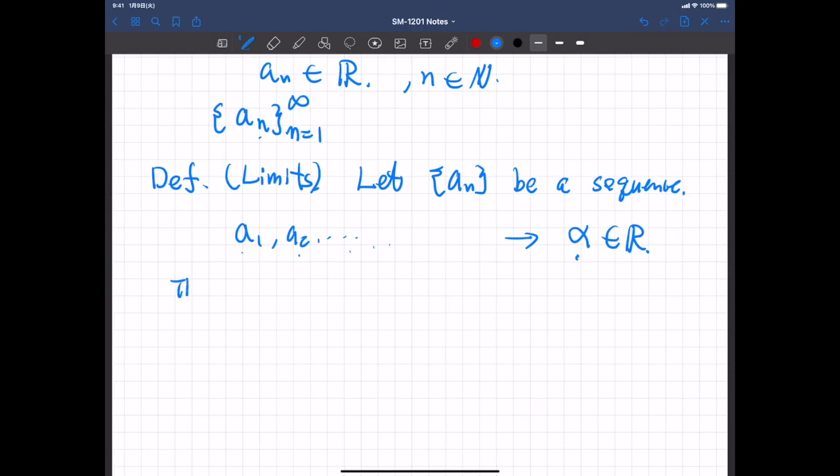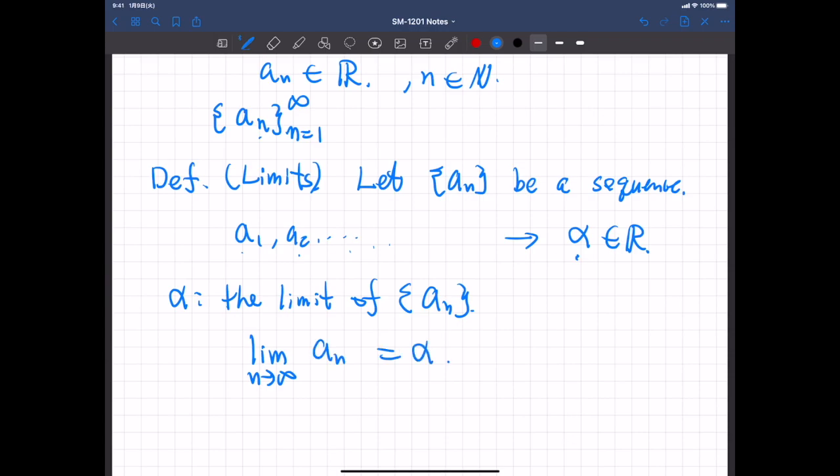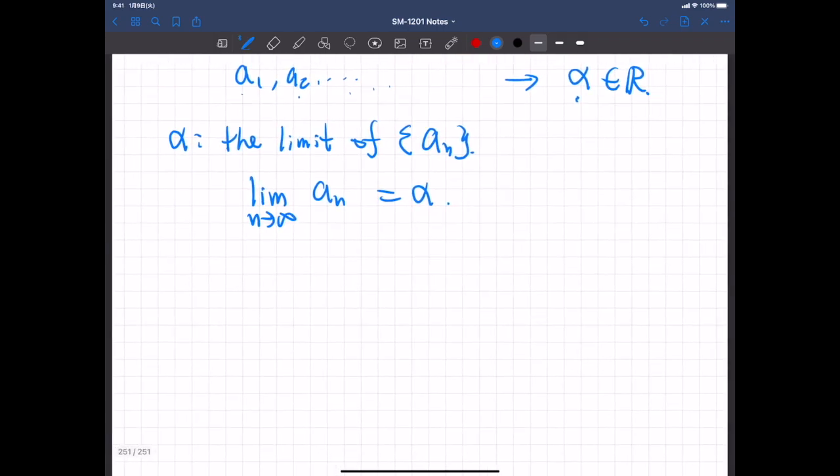So this alpha is the limit of the sequence an, and we write the limit as n going to infinity of an is equal to alpha, or we write an goes to alpha as n goes to infinity.